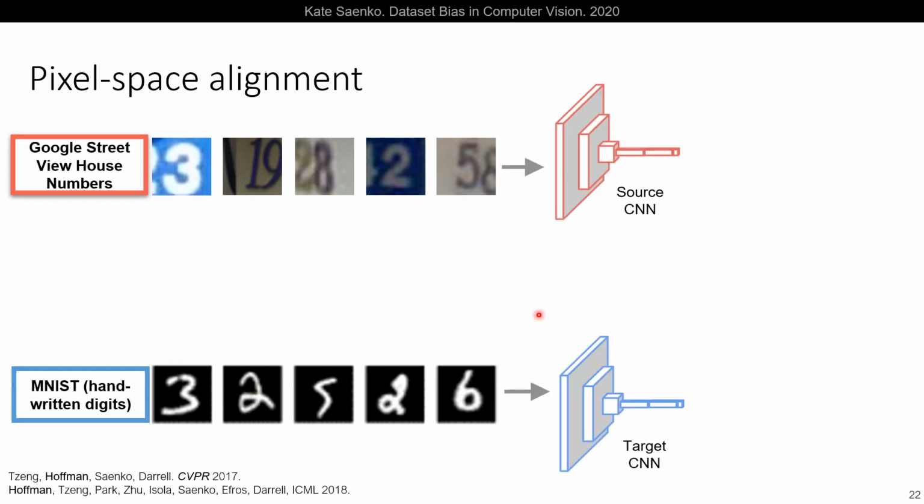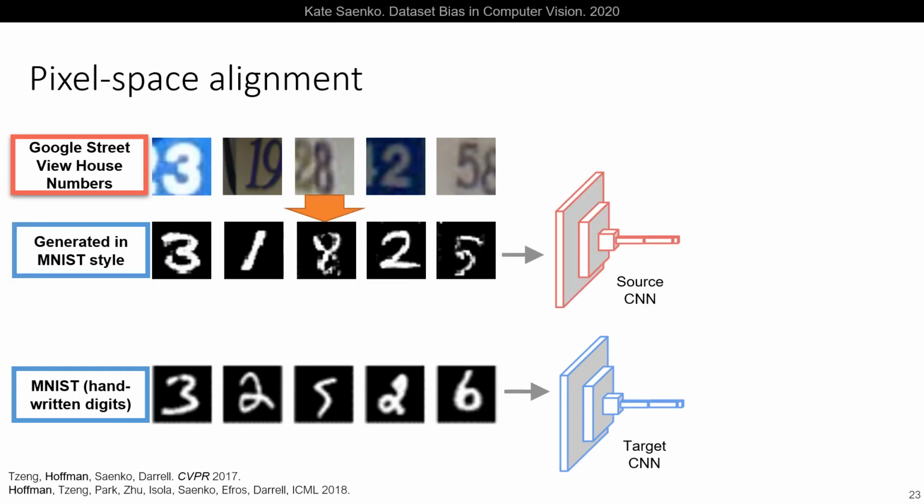So instead of training the source CNN and then using it directly on the target, what we're going to do is use CycleGAN, which is an adversarial method that takes an image from one domain and translates it to an image in the other domain.